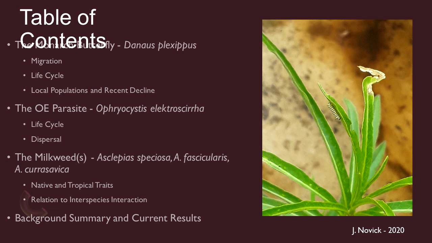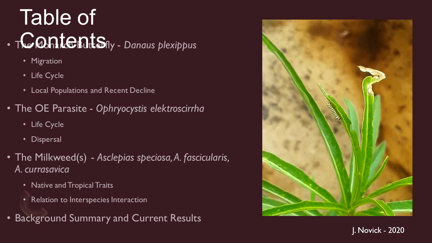Then I'm going to go into the OE parasite, Ophryocystis electroscura, and its life cycle and how it's dispersed. Then I'll go into the last and arguably most important piece of this study, the milkweeds, Asclepias speciosa, fascicularis, and curassavica.